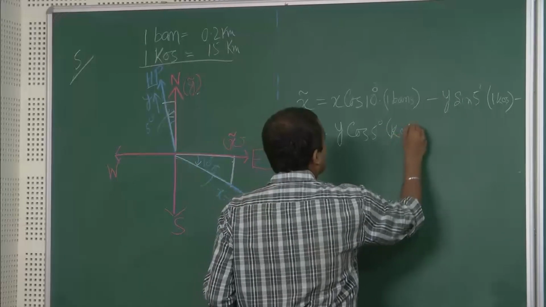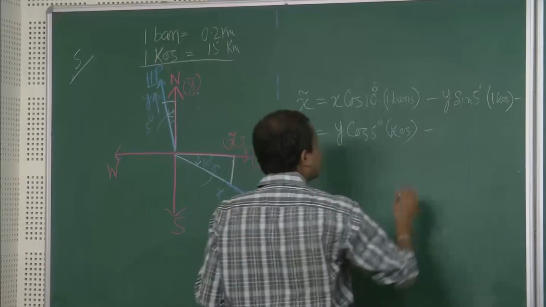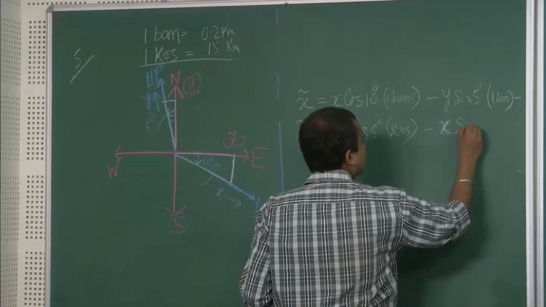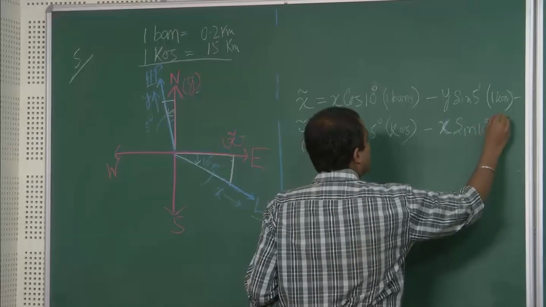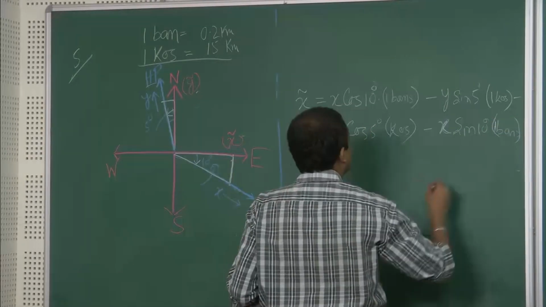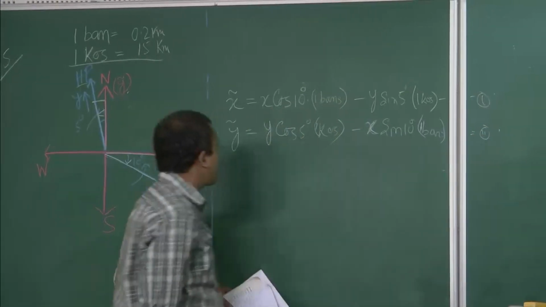So, plus, negative, sorry, negative x sine of 10 degrees, so this is equation 2.